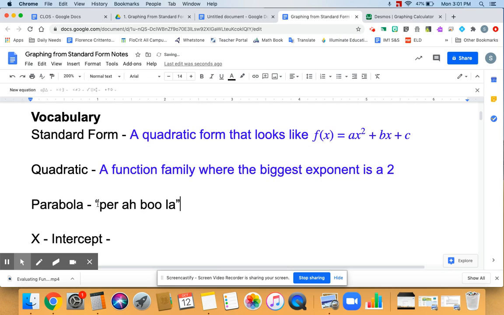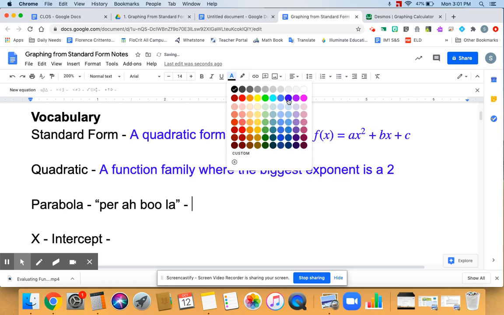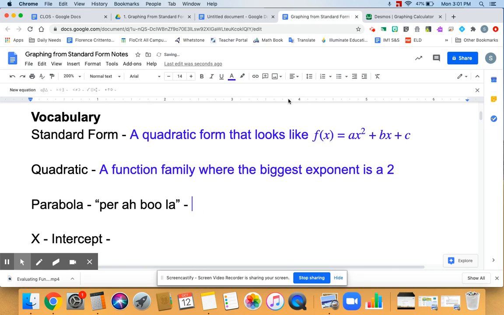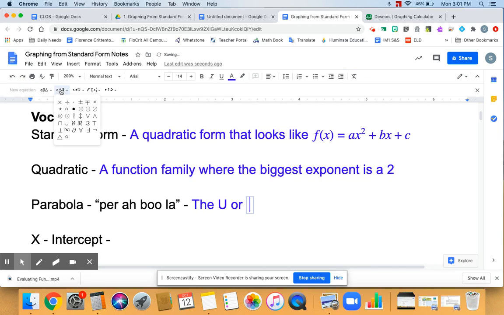Parabola is how you pronounce it. And it's specifically the U or N shape, the type of N that's flipped upside down like that. And it's the name of the shape.